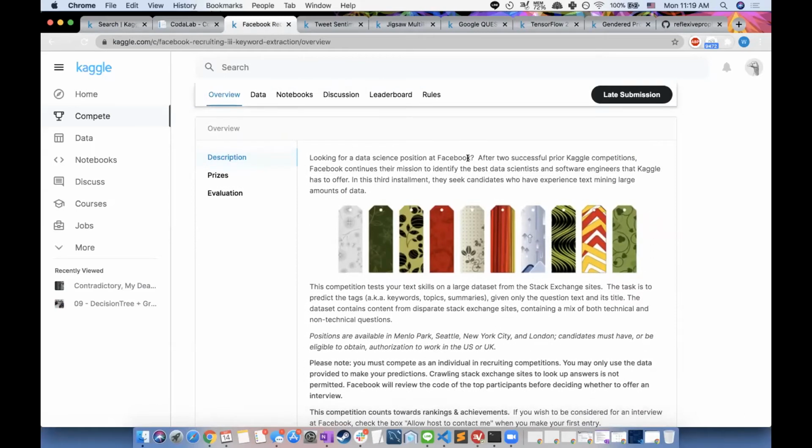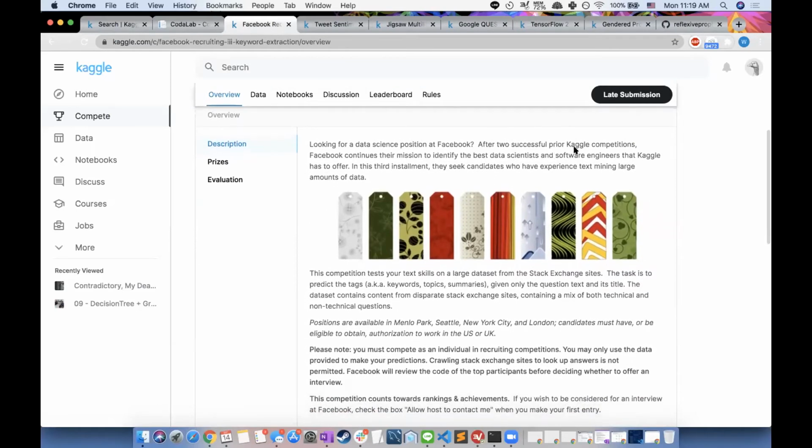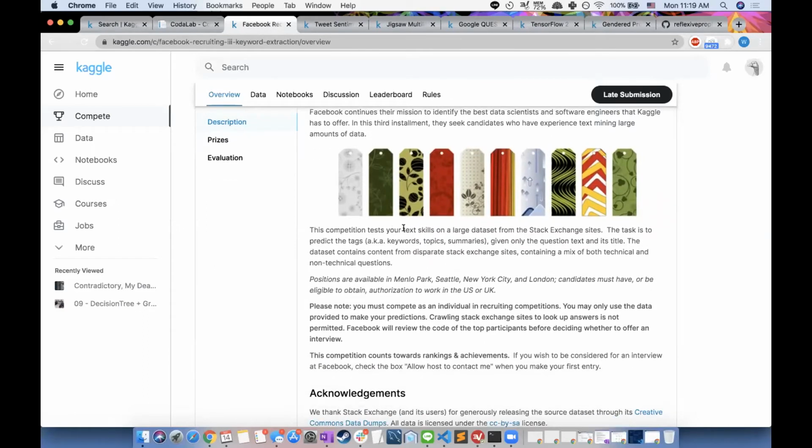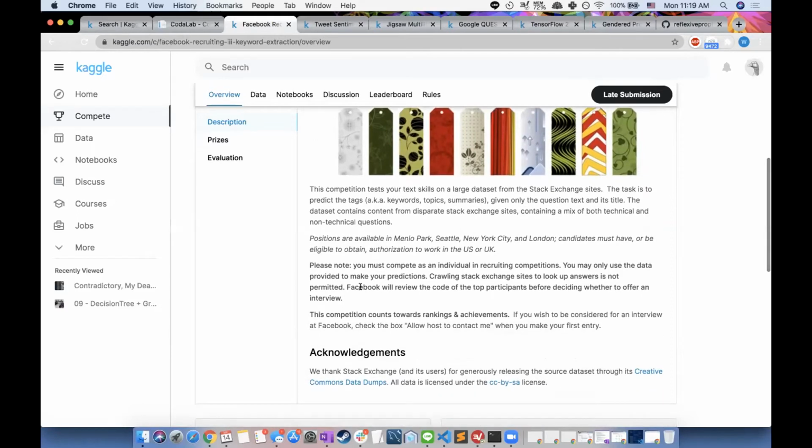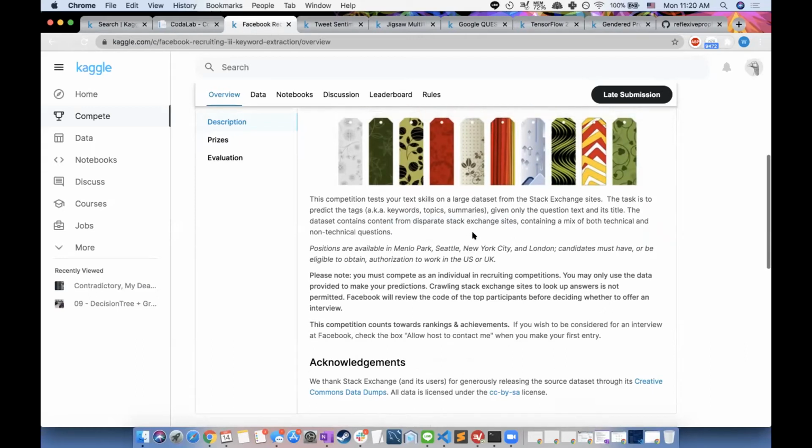Looking for a data science position in Facebook. After being successful, prior Facebook continues the permission. Competition tests your skill sets on a large data set. The data set contains content from disparate Stack Exchange sites. Contains a mix of both technical and non-technical questions. You must compete.